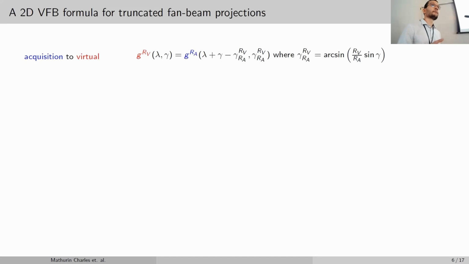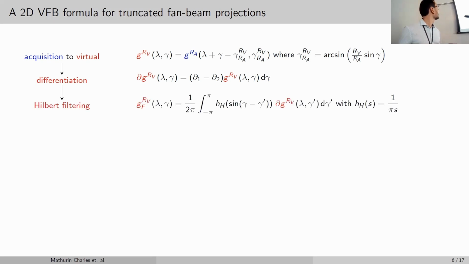So next, I now present the virtual fan beam formula that we apply in the midplane. As we have just seen, we have the rebinning from the acquisition geometry to the virtual geometry. Then there are several steps in the virtual geometry which correspond to the steps of the super short scan formula.